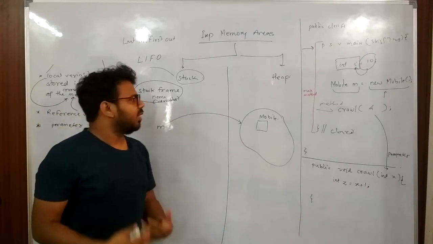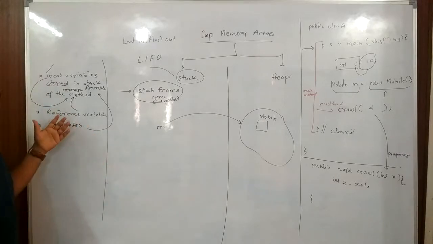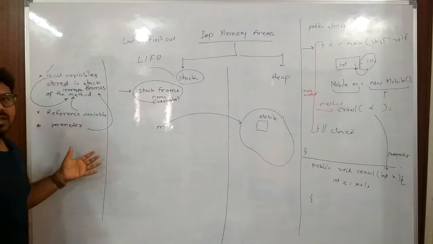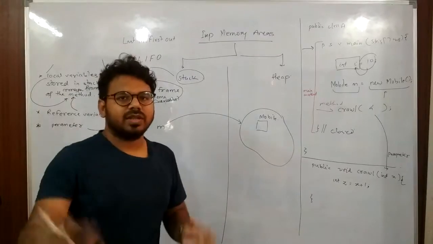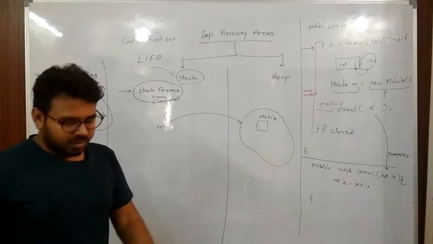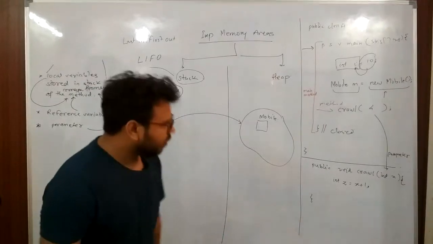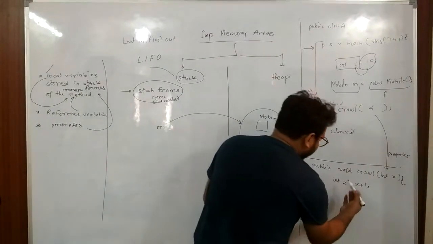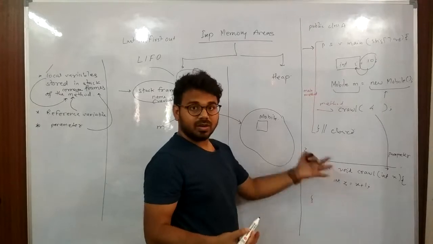So in one line we can say that local variables, reference variables, and parameters are all created in the stack frame of the corresponding method in which they are called. And suppose there is a scenario where inside this we call another method.